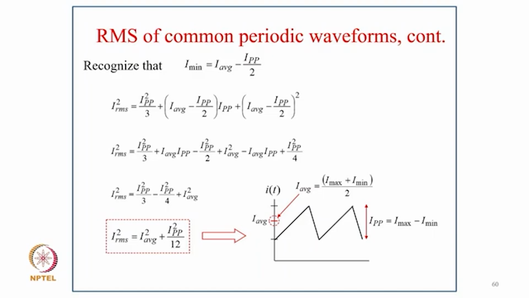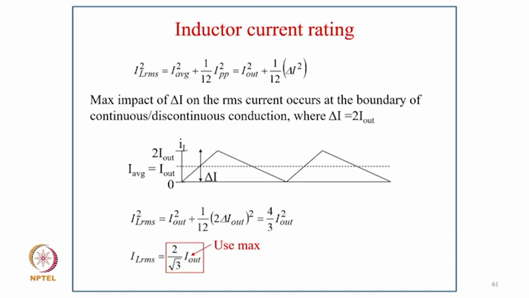Expanding, this is IPP square by 3 plus I average IPP minus IPP square by 2 plus I average square minus I average IPP plus IPP square by 4, which gives I RMS square equals I average square plus IPP square by 12. Here IPP is the difference between the maximum and minimum in the waveform, and I average is (I max plus I minimum) by 2.